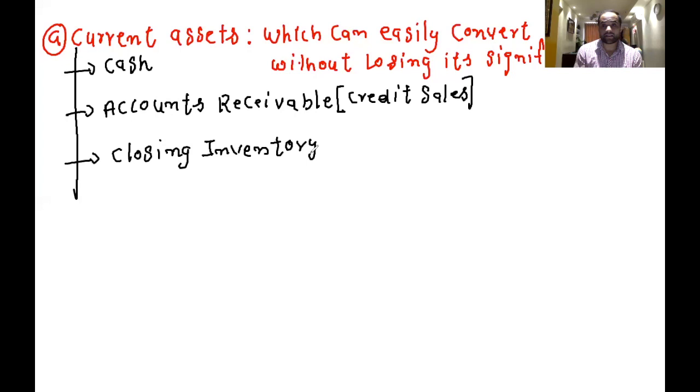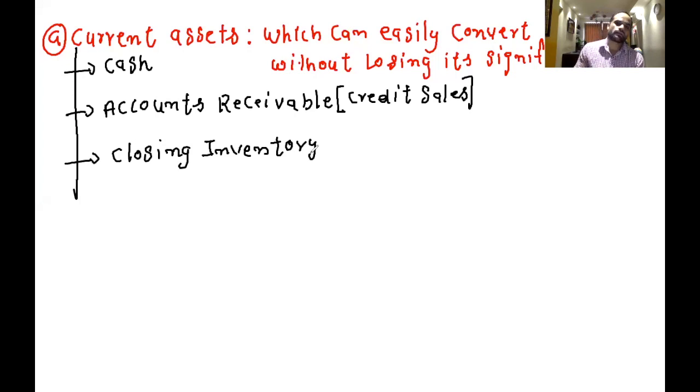Closing inventory is inventory which is left at the end of the period. Unused raw material or unsold product, that's called closing inventory. So that belongs to company. It's company assets. Why is it a short-term asset? Because sooner or later, company is going to sell its inventory. All right, so that's why it's closing inventory.